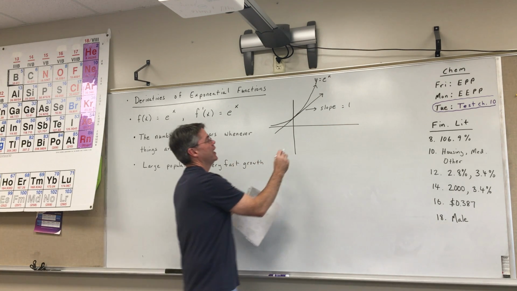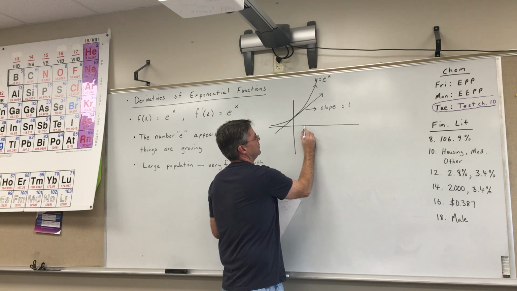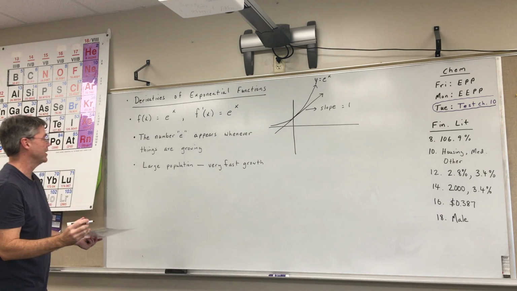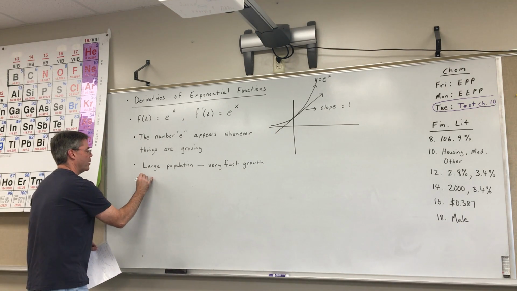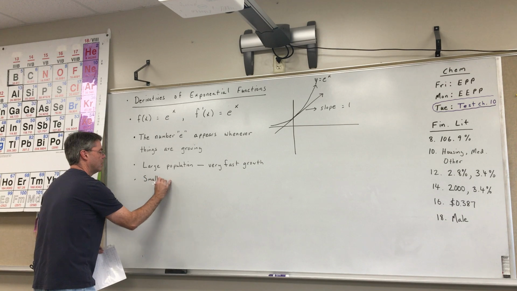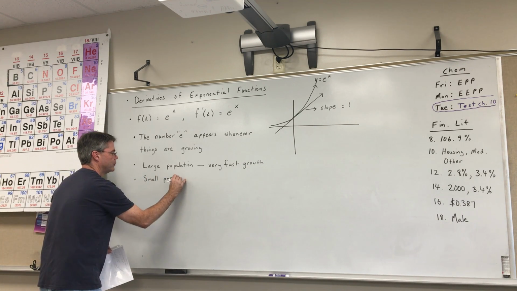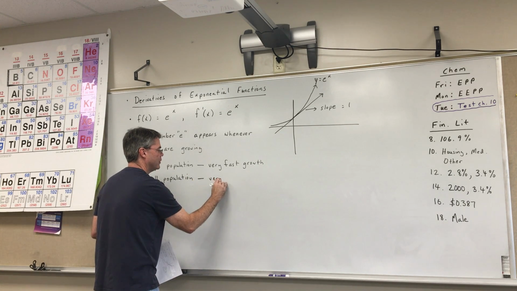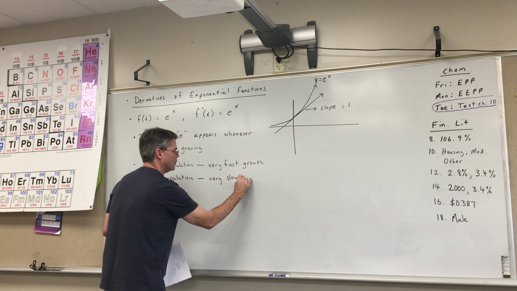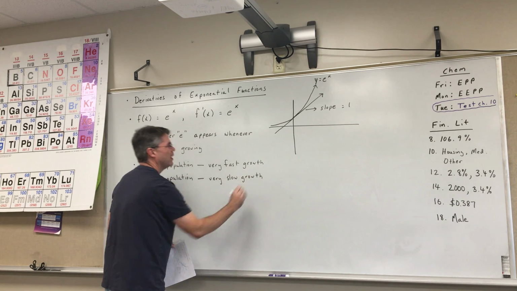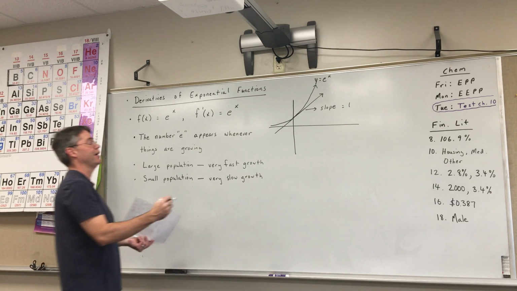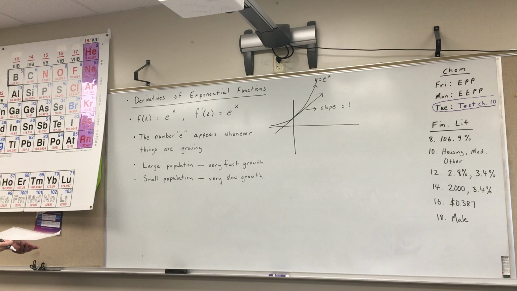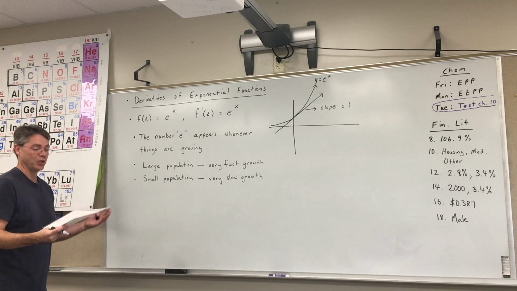You can see that as you go down the x-axis, how it gets steeper and steeper. So the function is growing faster. If you have a small population, you have very slow growth. Okay, so you can see as you go to the left on this function that the rise of the curve is at a much slower rate.